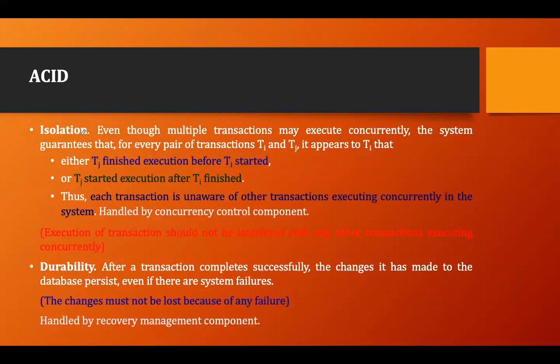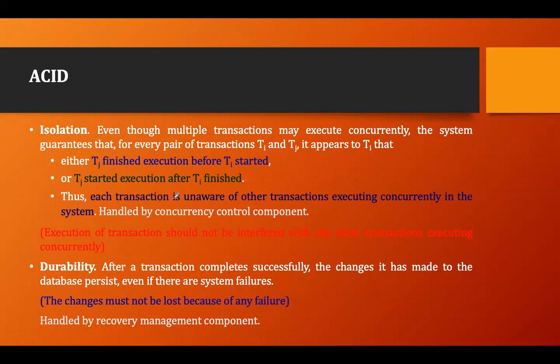The next property is isolation. Isolation says that two transactions will not affect each other, right? Even though multiple transactions may execute concurrently, the system guarantees that for every pair of transactions Ti and Tj, it appears to Tj that either Ti finished execution before Tj started, or Tj started execution after Ti finished.